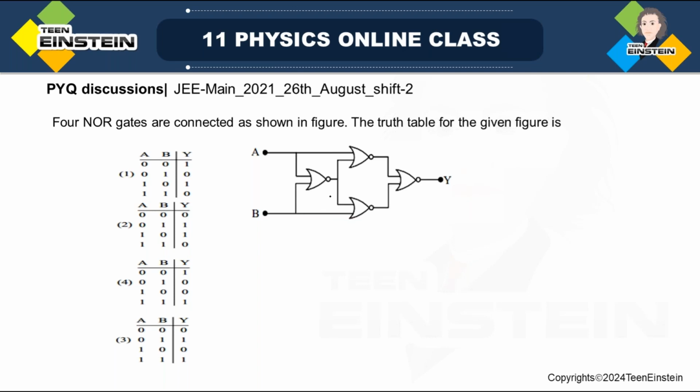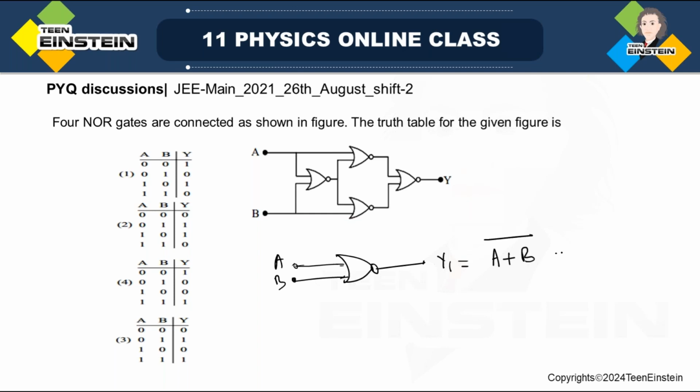So let us analyze this gate. You look, these are NOR gates. What is the output of a NOR gate? Let me remind you. Suppose you have two inputs A and B, then your output will be, suppose Y1, A or B whole bar.